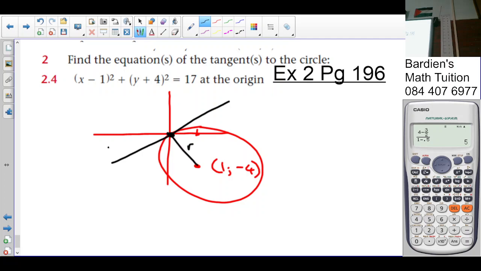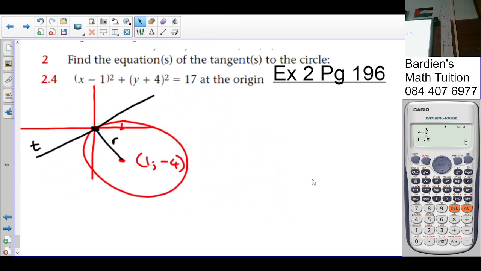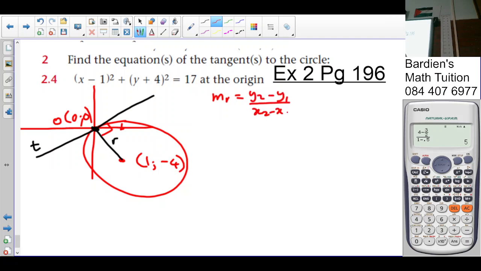That's your radius, that's your tangent. And remember that the radius stands 90 degrees to the tangent. That's your origin, which is 0 and 0. So the gradient of the radius equals y2 minus y1 over x2 minus x1. So that's going to give you negative 4 minus 0 over 1 minus 0, negative 4 over 1.